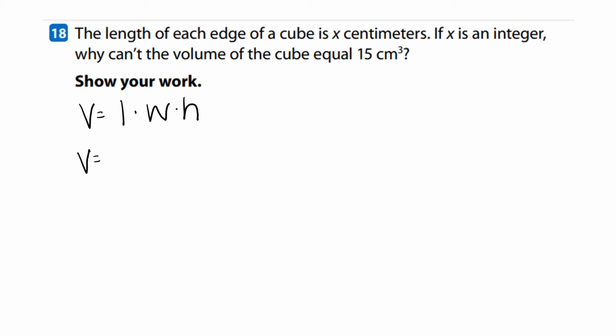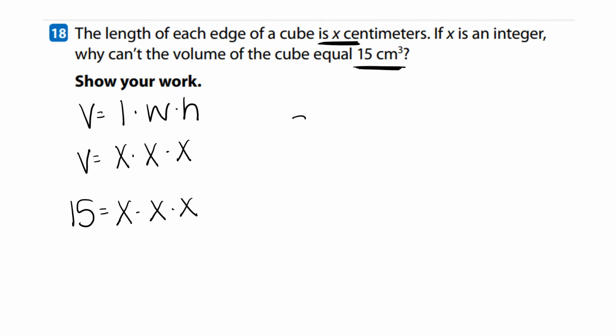If each length, width, and height is represented by the variable x, that can be represented by x times x times x. We want to know if the volume can be 15. It cannot be 15 because there's no number that multiplies 3 times to give us 15.